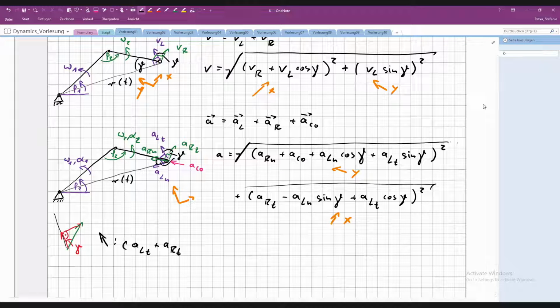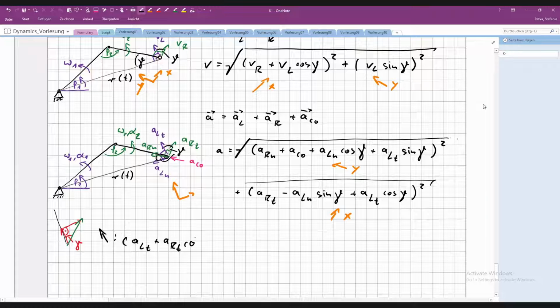So it's AR tangential, it's the adjacent angle, then it's cosine gamma, and then for the normal and for the Coriolis acceleration, it's the sine of gamma. And they also point, that's ARN, and we decompose in these two components, so they are also positive, ARN plus Coriolis sine gamma.